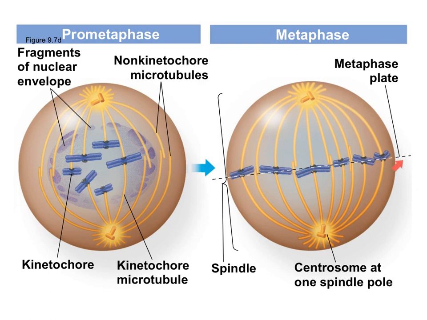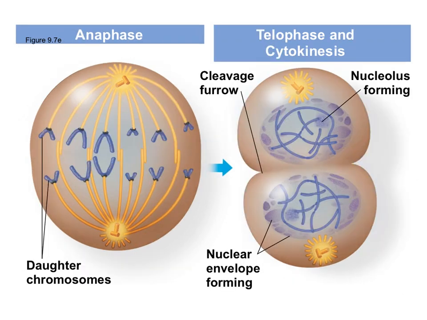In metaphase, they line up in the middle, and I always remember metaphase because M for middle. And then anaphase, which I remember because to me, this looks like an A. In anaphase, I am pulling apart the sister chromatids.